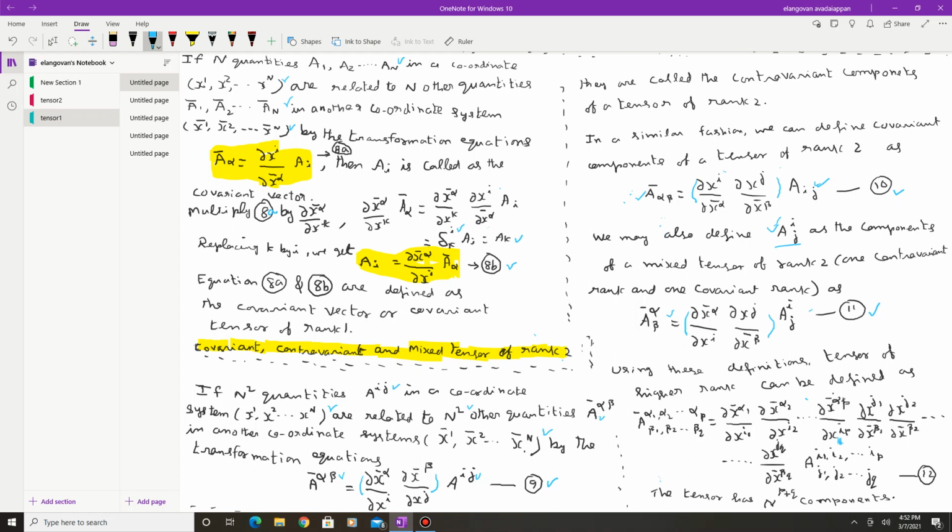The total number of indices represents the total rank: one superscript is rank 1 and one subscript is rank 1, so the total rank is 2.